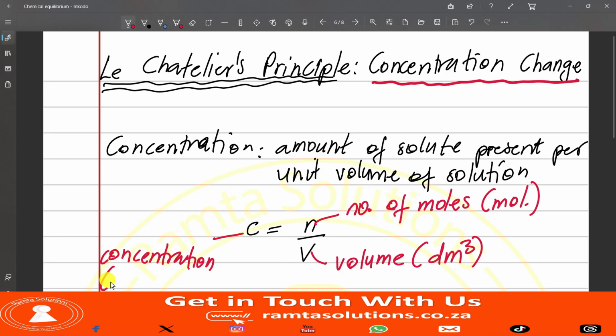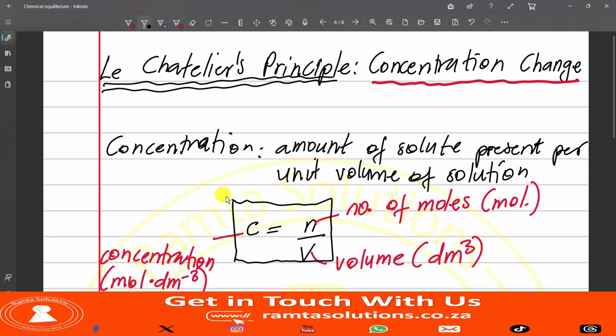You use concentration in the units mole per cubic decimeter. So pay attention here. The units of volume that you're using is cubic decimeter.